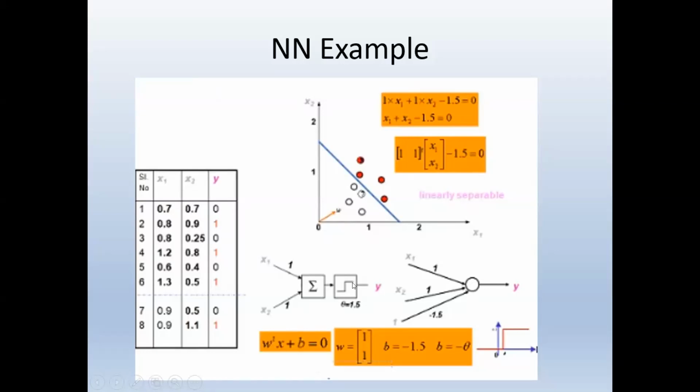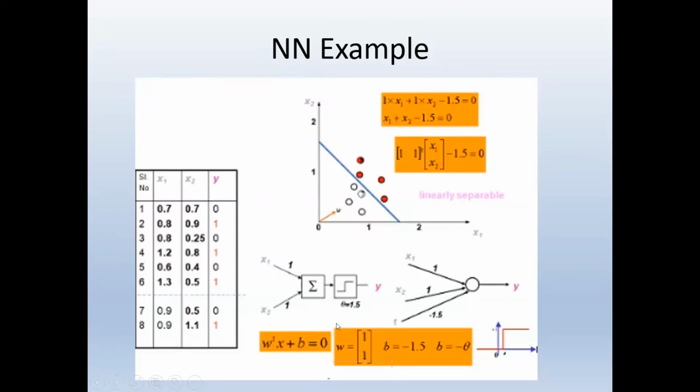What is the speciality of the signum activation function? When the input is a positive value, the output will be 1. When the input is a negative value, the output is 0. Here the summing value we are getting is negative, so the output will be 0. So for the 7th one, the expected output is 0, and we are also getting 0 as output.